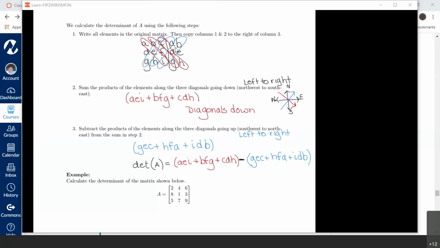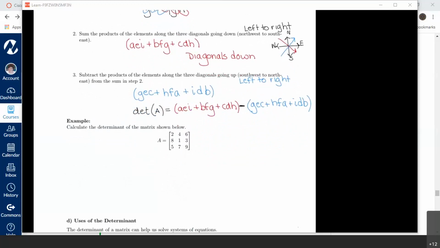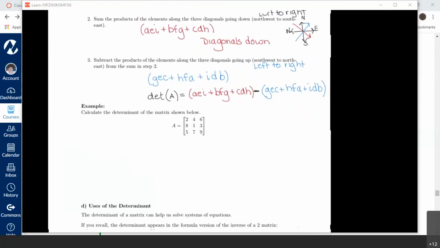You need these extra two columns over here, so you'll get diagonals of 3 elements each. Okay, so again, I promise we're going to do this by hand once. Just once, so you can see how it works. All right, and I have to pay attention to what I'm doing here.